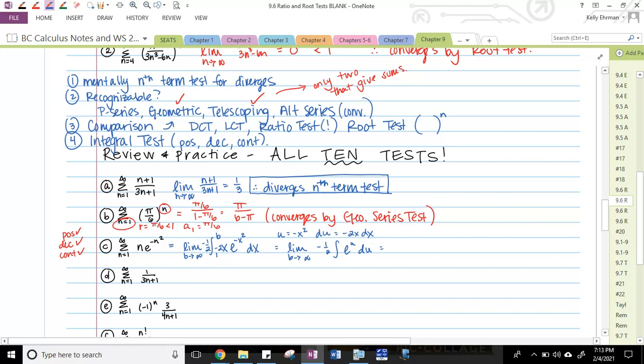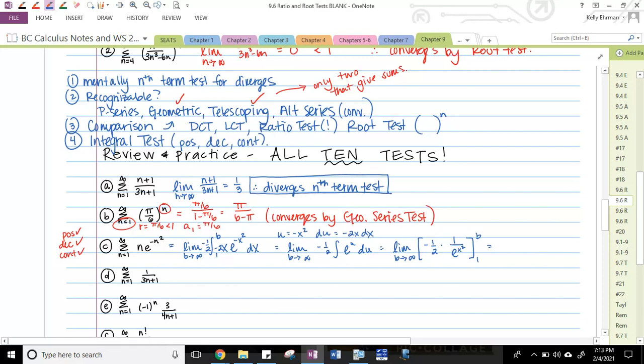Now, in interest of space, I'm going to kind of illegally plug in my b right away. All right, so what am I looking at? I've got negative 1/2, and then e to the u, but remember, u is negative, a negative exponent, so I really should write this as negative 1/2 times 1 over e to the x squared. I said I was going to plug in my b. Well, anyway, I'm going to just do the limit in the next step.